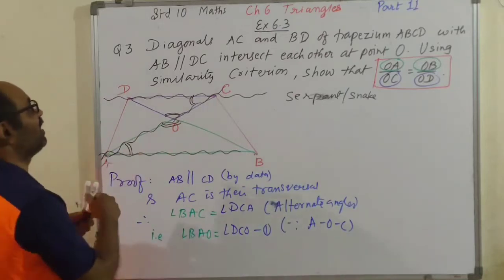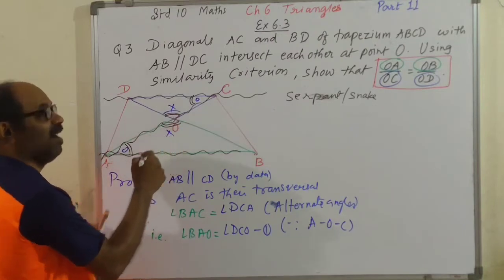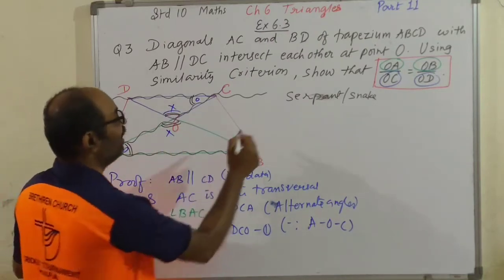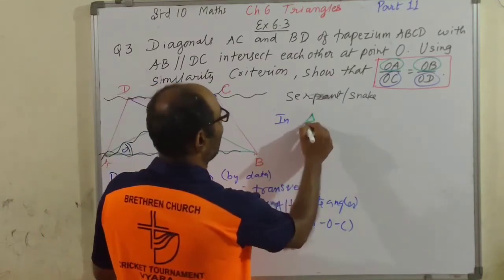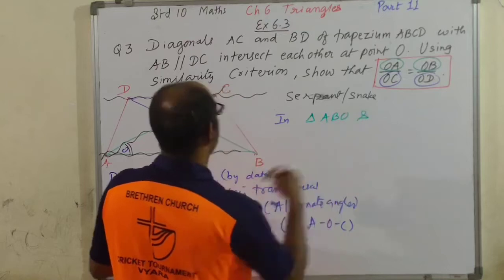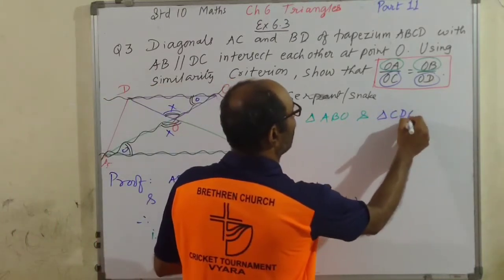Alright? So you got this angle equal, and these angles are already equal. So I'm writing in triangle ABO and triangle CDO.